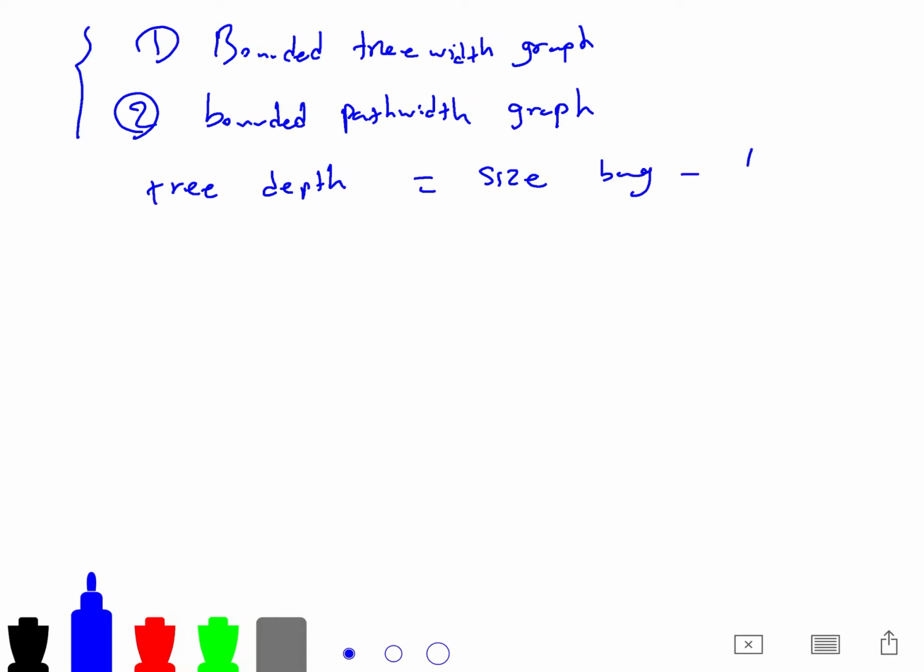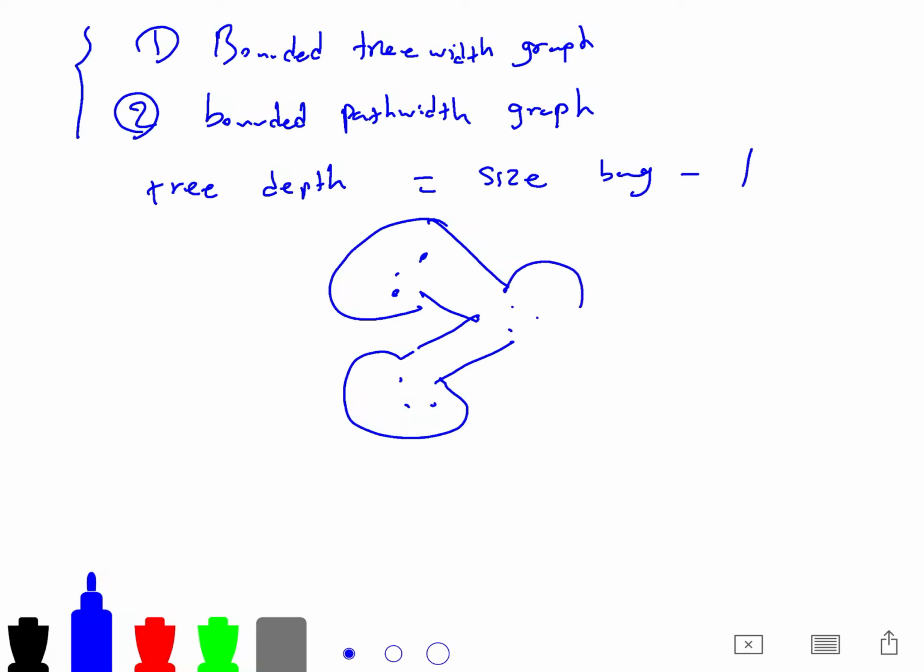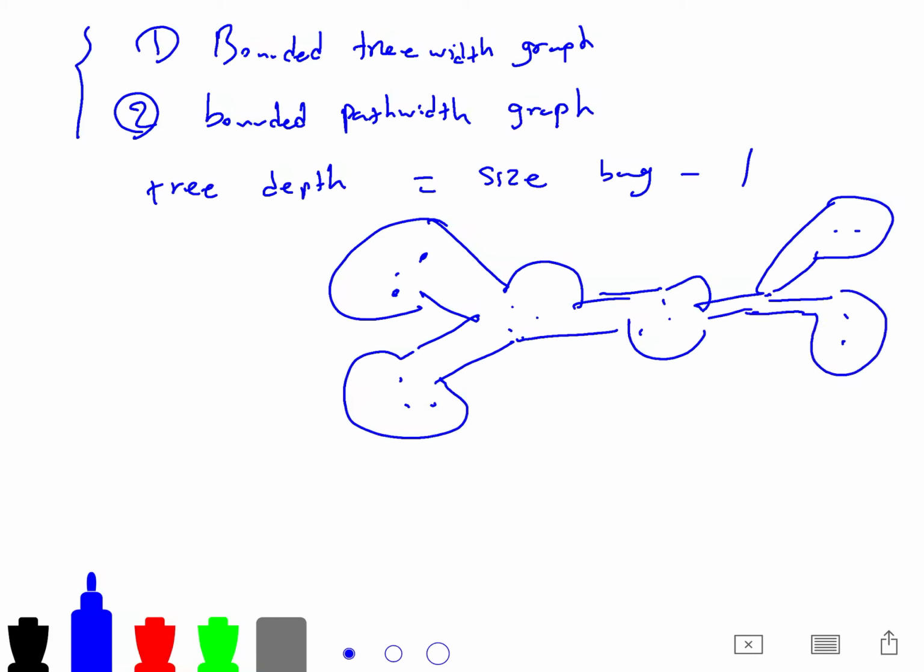For example, in this example, these are in one bag, these 3 vertices are in another, these are in another bag, and then you have the final bag. Here the tree-width is 2, because the maximum size of a bag is 3, and 3 minus 1 is 2.